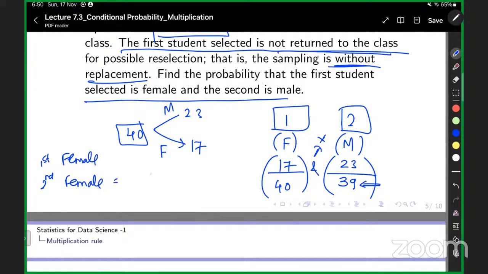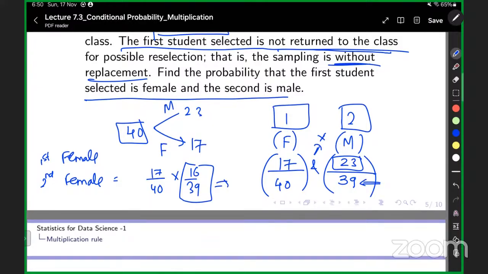Student: Sir, first 17 by 40 and 16 by 39. Right, so that's how the 39 is coming. Maybe you got confused that all of them are not changing, but why is only this person changing? Since we already selected one out of that, we have to see what favorable cases are left. So that's why this is our question.